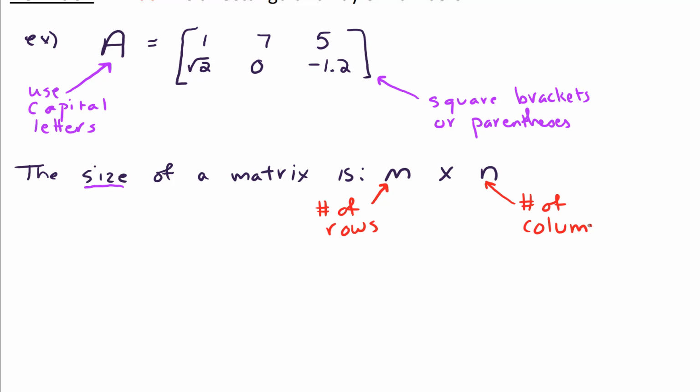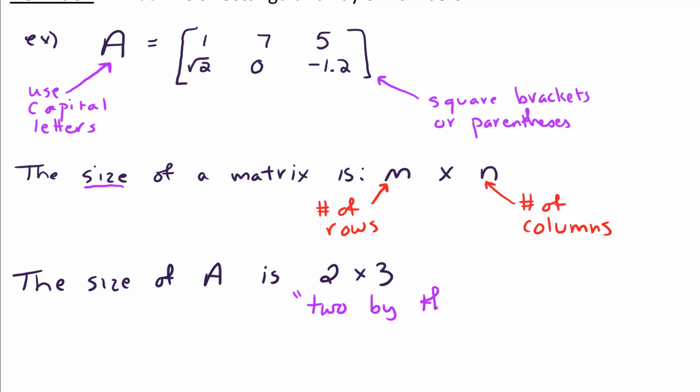So for example, in our matrix A here, the size of matrix A is 2 rows by 3 columns. So we pronounce this 2 by 3. We don't say 2 times 3 or anything like that. We say the size of A is 2 by 3.